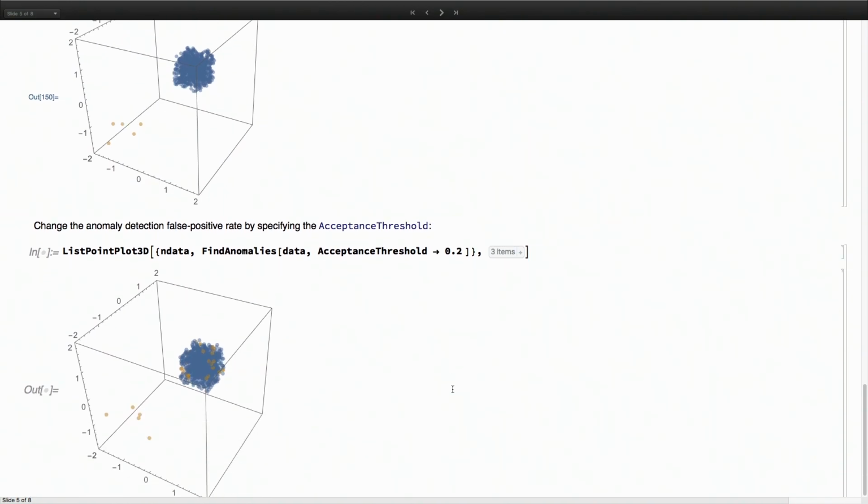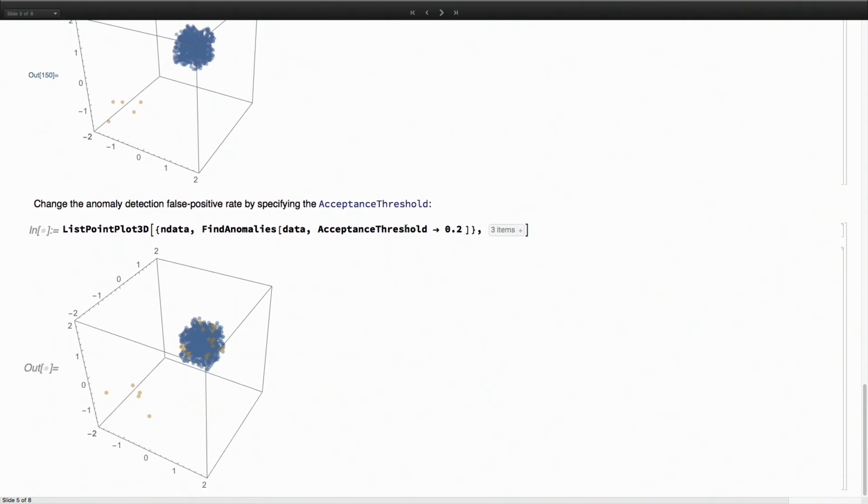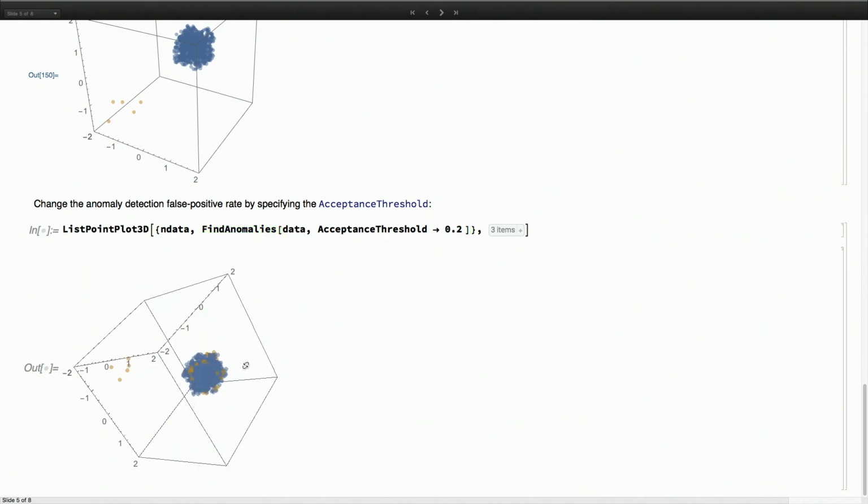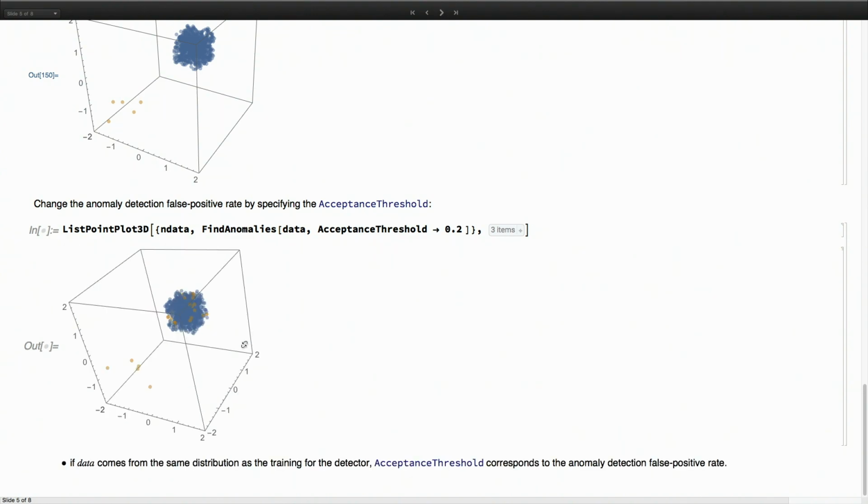But say you want to put in an acceptance threshold of 0.2, which is pretty large. It's like 20%. And you will start to see that it will pick up points at the edge of the cluster of the nominal data also as anomalies. So these are the points sitting at the tail of the distribution.